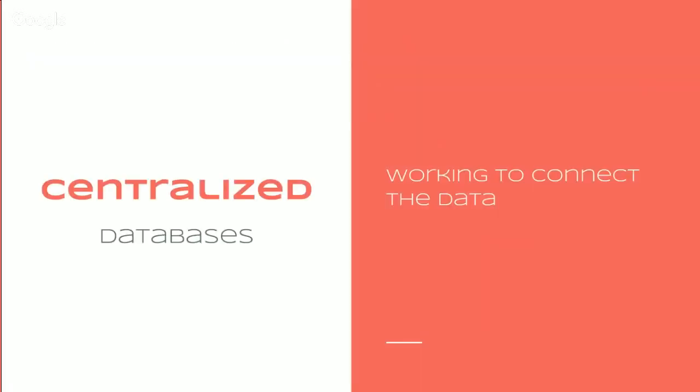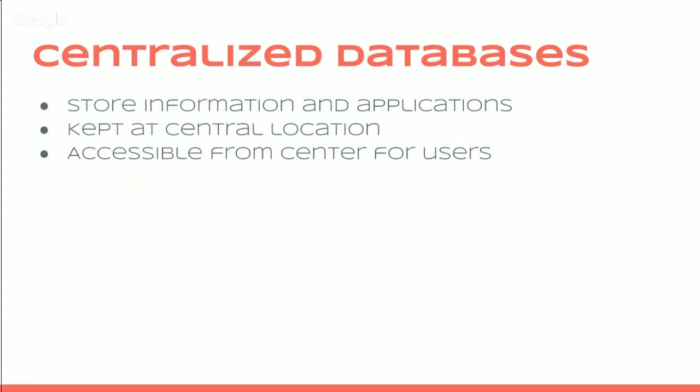The third one is centralized databases, and they work to connect the data. So think of the first two, the operational databases and the end user databases, and how do those connect? It's through a centralized database. They'll store the information and the applications from the initial database, and they'll keep it at a central location.